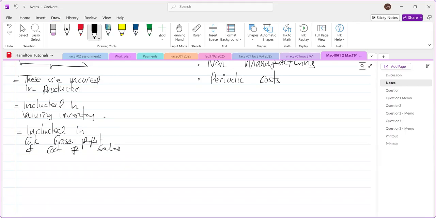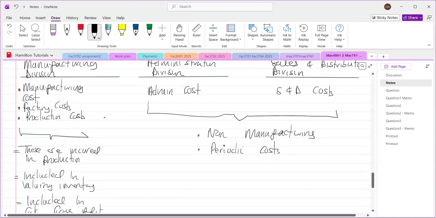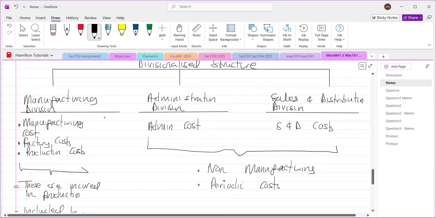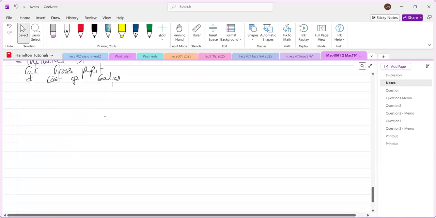So whenever you calculate gross profit, these particular costs that we call manufacturing costs will be included in that calculation. In other words, you are not going to include any admin or any sales and distribution when you calculate gross profit.